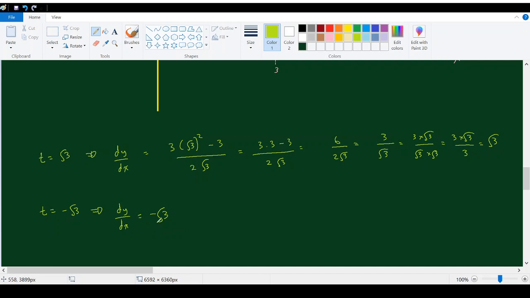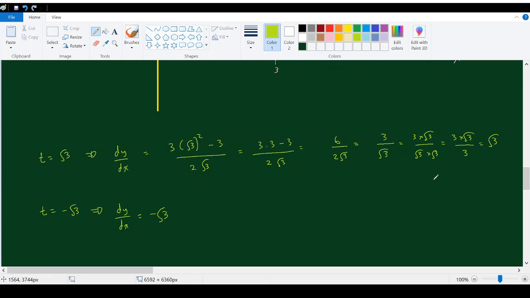Now these values being equal is totally a coincidence. It is not at all required for these two values to be equal. This is just a coincidence, right?